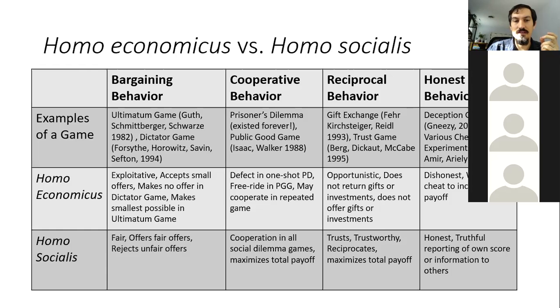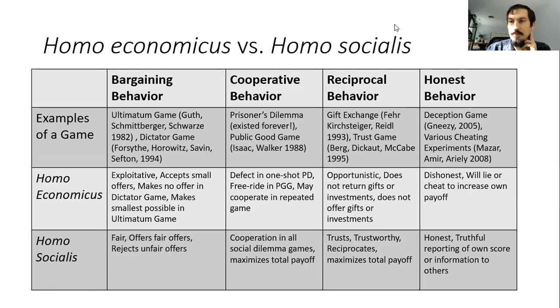Oh, I have this nice summary of it. Here are some examples of this, the difference between Homo economicus versus Homo socialis. And remember, real people are neither. I mean, you could say some people are like Homo economicus, some people are like Homo socialis.